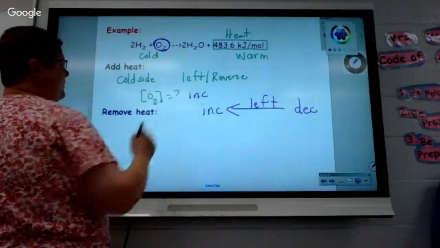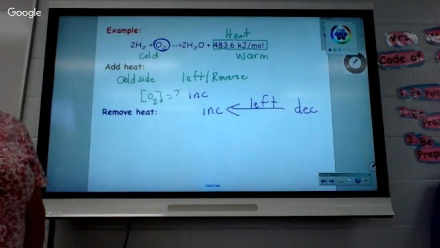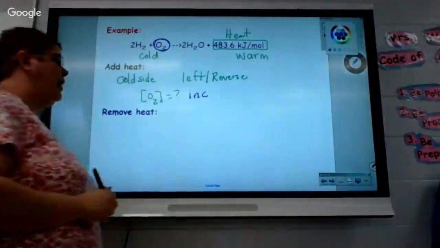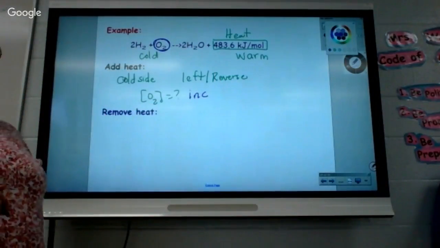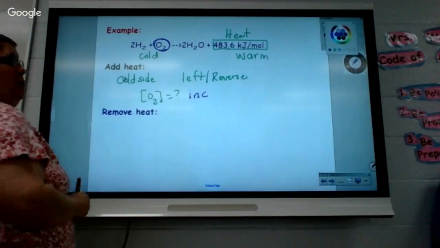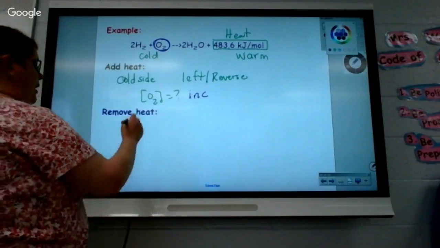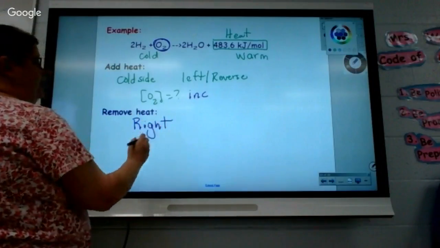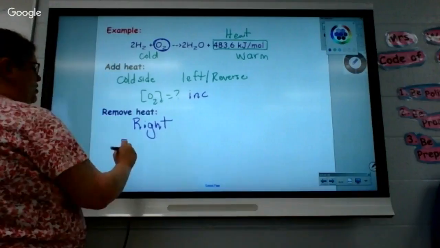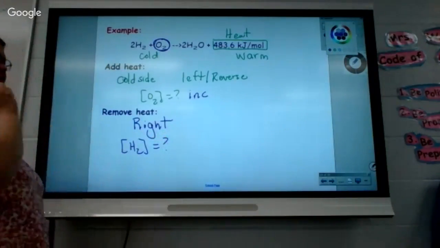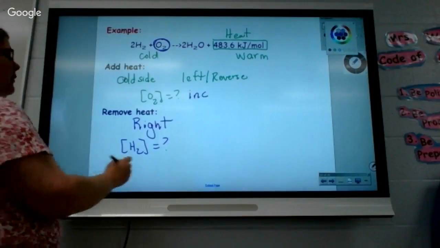I was confusing it with when it was to the right. So if I remove heat, where's it going? To the left, to the warmer side. What side's the warmer side? To the right. All right, if I asked what happens to, let's just say H2, what's going to happen to H2 if it shifts to the right? It will decrease.